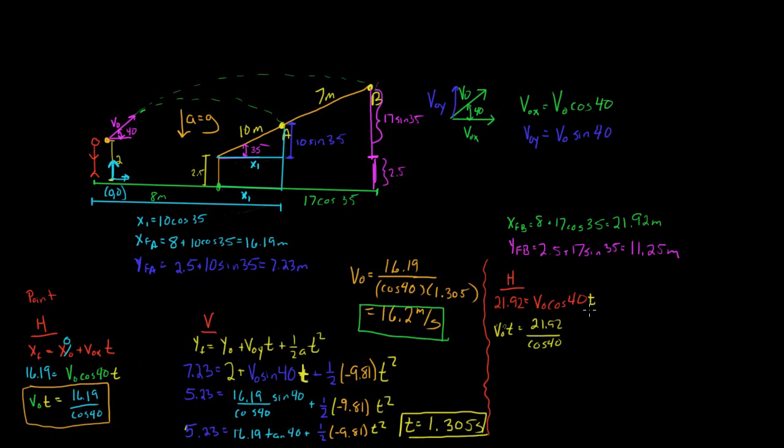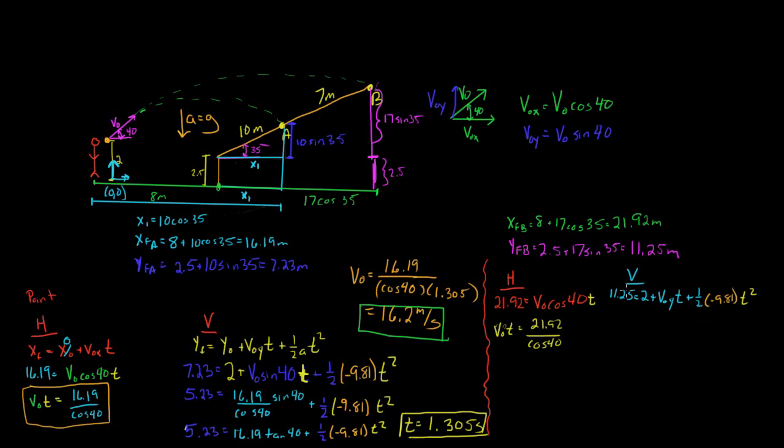Now we can look at our vertical equations, and we're going to use this y equation again. So we have 11.25, which is our final y position, is equal to an initial y position of this 2.5 right here, plus v naught in the y direction, times a time, plus 1/2 times the acceleration, and our acceleration is minus 9.81, multiplied by a time squared.